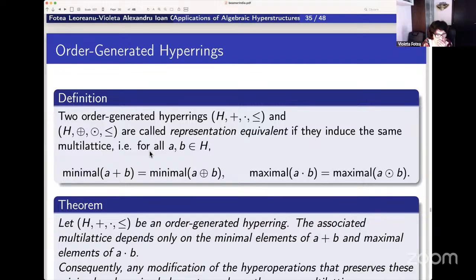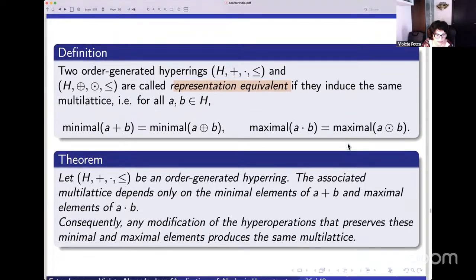But we notice that we can have more hyperrings that are associated to the same multilattice. First of all, two hyperrings are called representation equivalent if they induce the same multilattice.